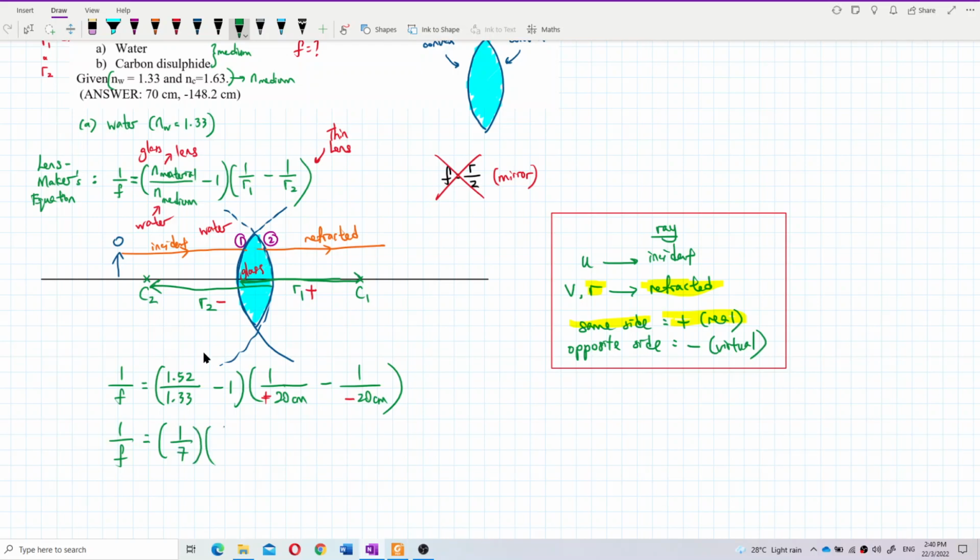And then how about this one? This is 1 over 20, and then negative, negative, positive: positive 1 over 20.